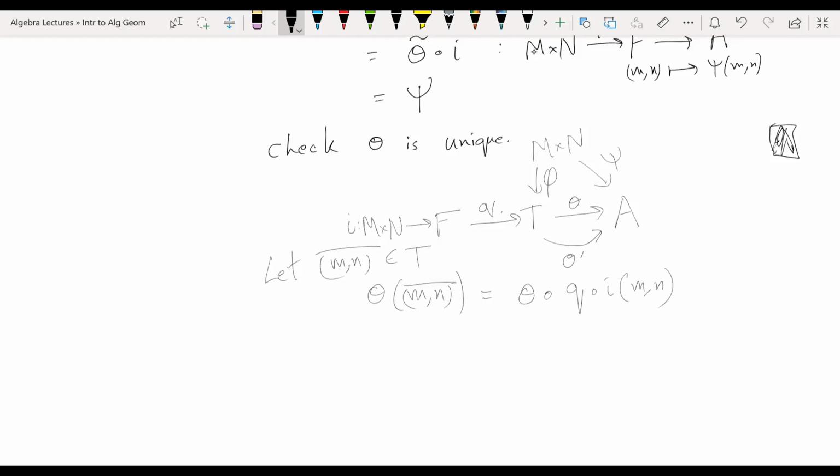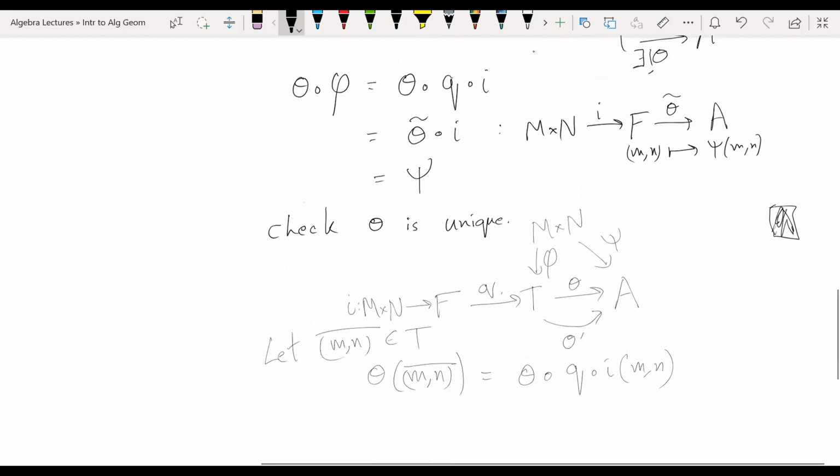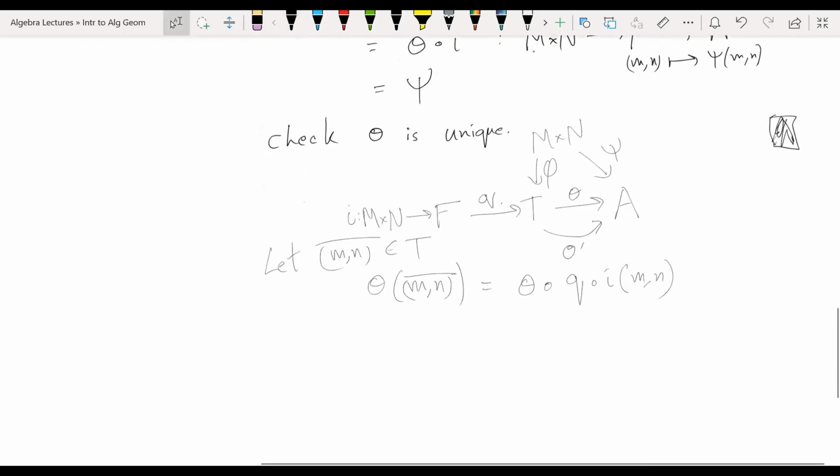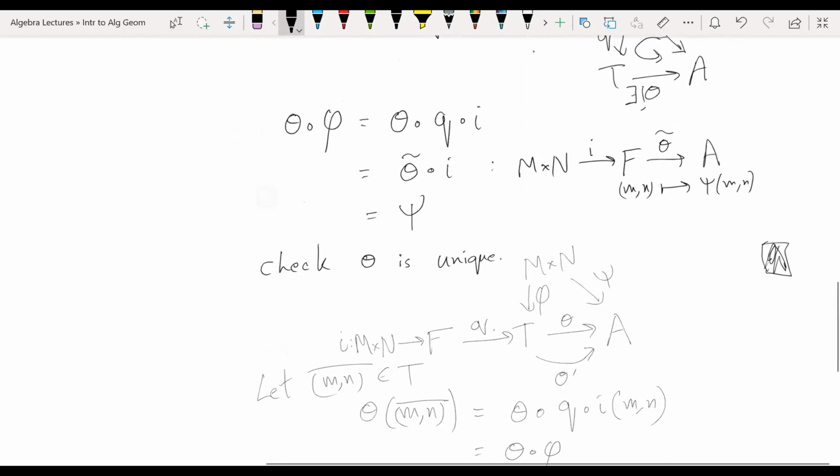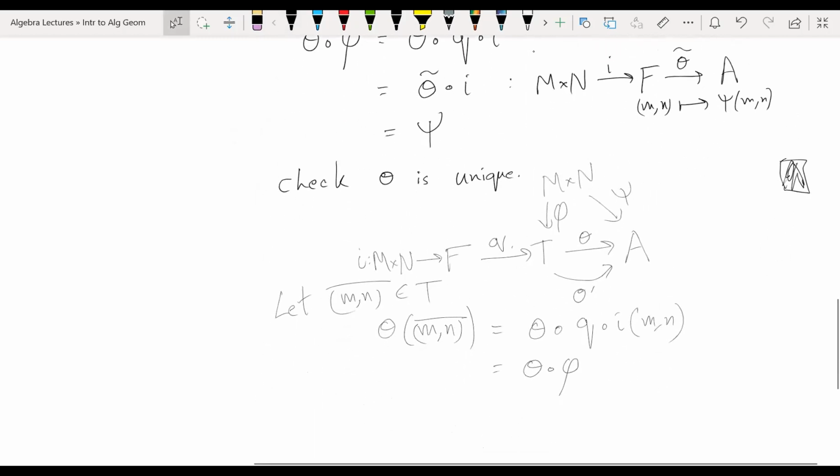I of (m, n) is one times (m, n), and q of that is (m, n) bar. We know that theta composed with phi is the same as C. So theta of (m, n) bar is just C of (m, n).